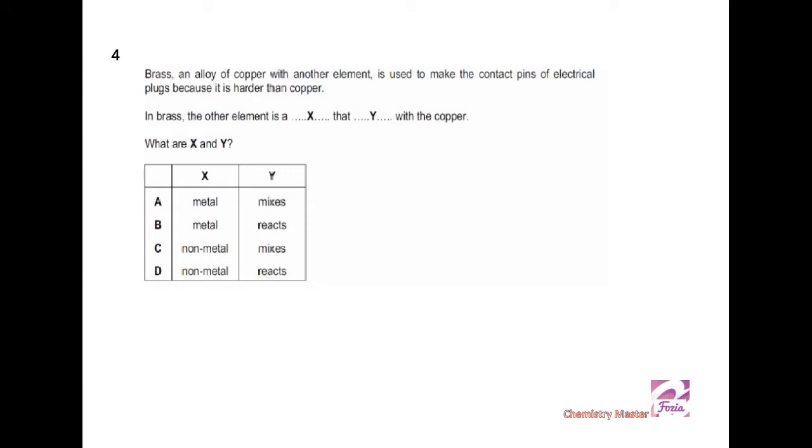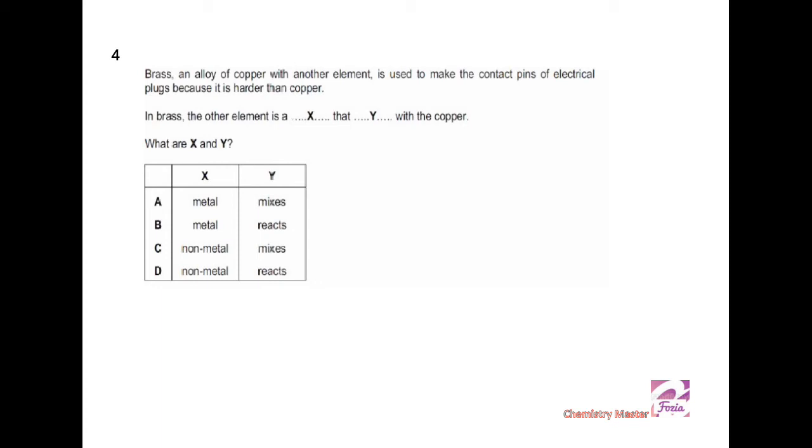Number 4: brass, which is an alloy mixture of copper with another element, is used to make the contact pins of electrical plugs because it is harder than copper. In brass, the other element is a dash, that dash with the copper.